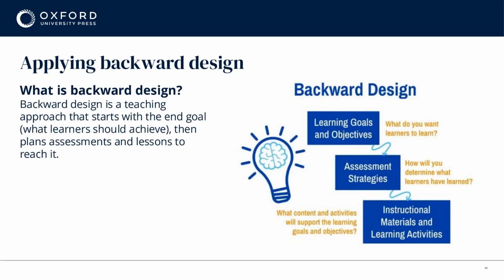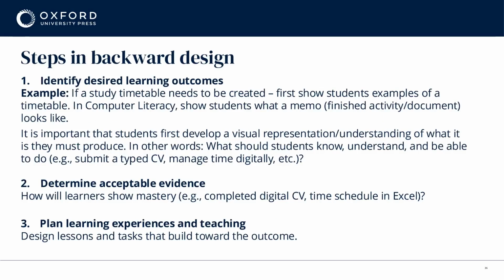The steps in the backward design include identifying the desired learning outcome. For example, if a timetable needs to be created, first show students examples of a timetable. In computer literacy, show students what a memo, which is the finished activity or document, looks like.